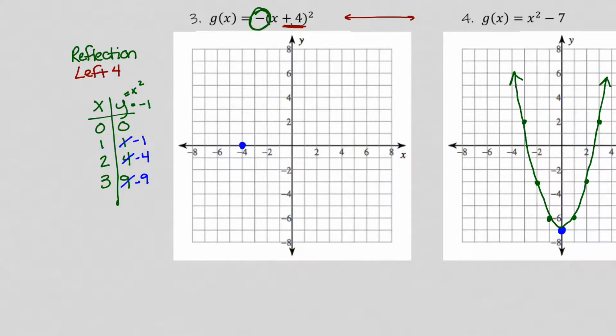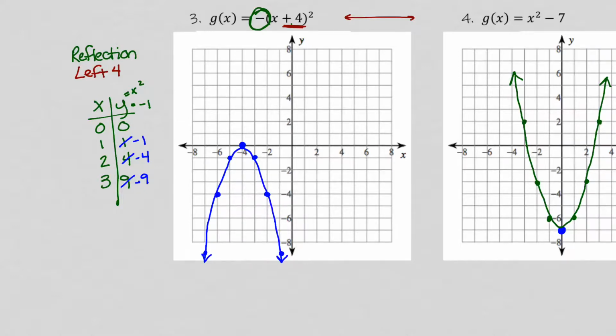So we go right 1, down 1, and left 1, down 1. This says I go right 2, down 4 from that vertex. Right 2, down 4. You also go from that vertex left 2, down 4. And from that vertex, we go right 3, down 9, and left 3, down 9. I'm aware that's just slightly off the graph. That's okay. And there is my graph.